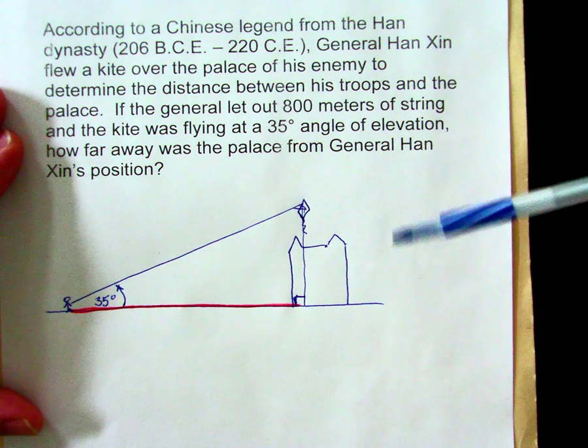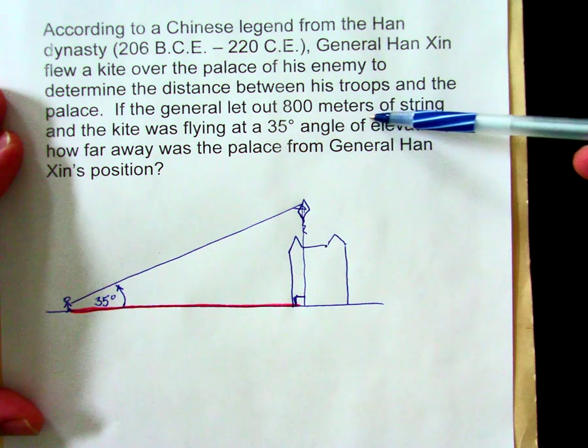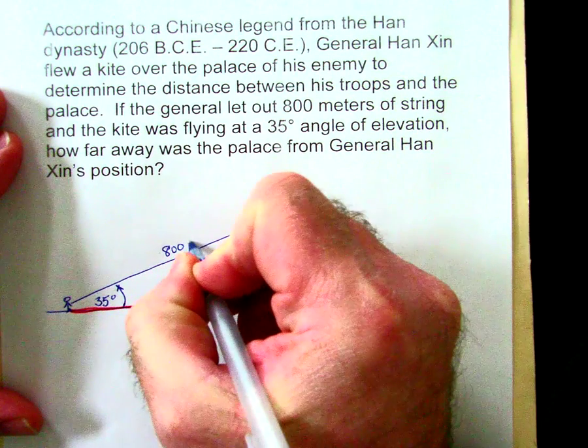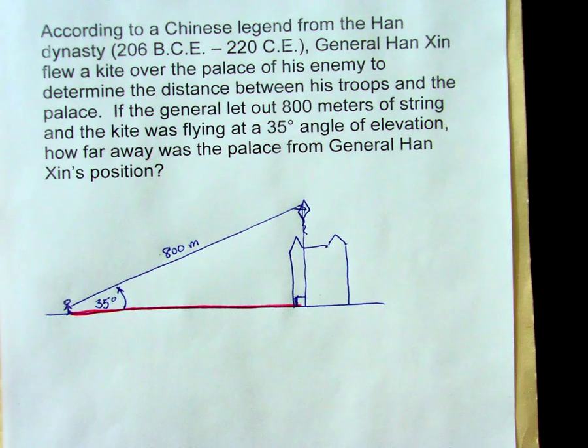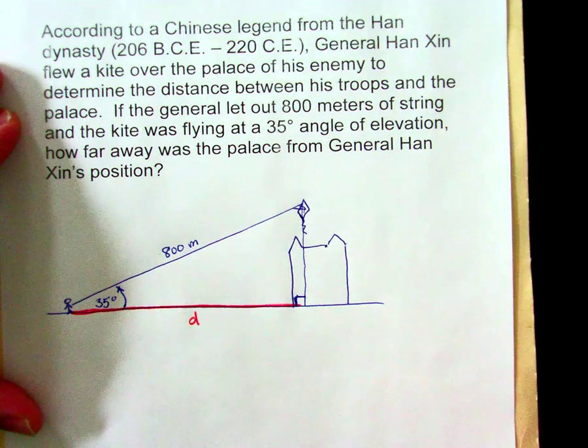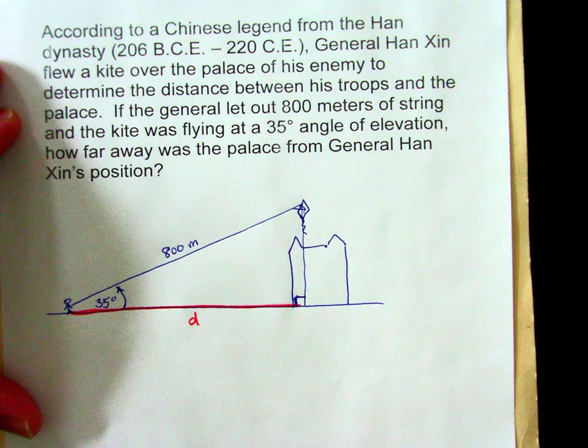Now, we do know that the general let out 800 meters of string, so the 800 meter distance would be on the hypotenuse of that right triangle. So, if I want to find the distance of the general and his troops from the palace, let's say that distance is defined by the variable d.